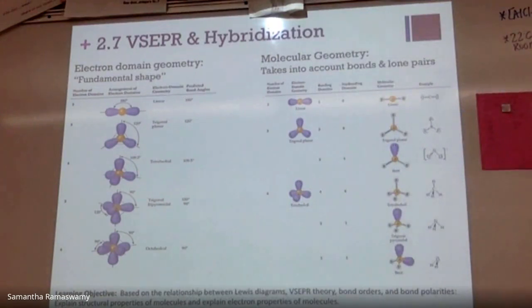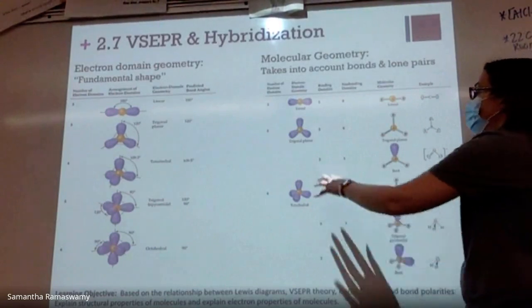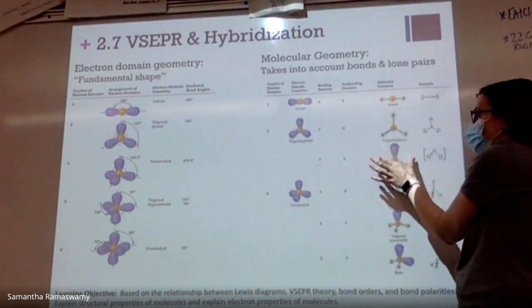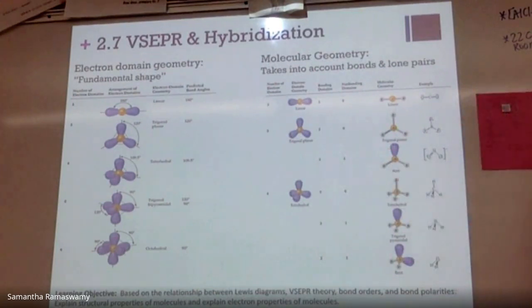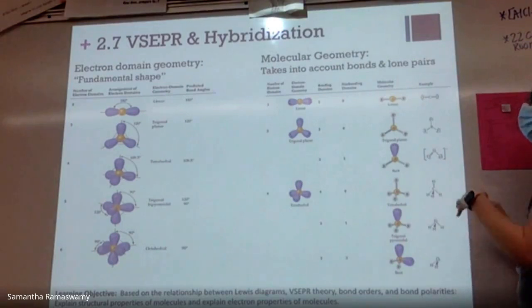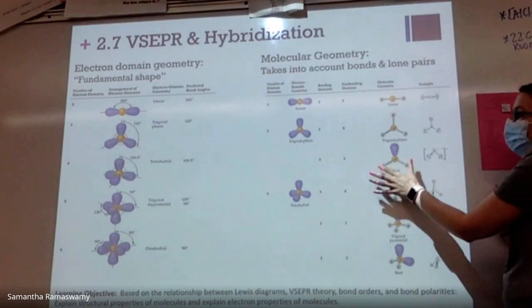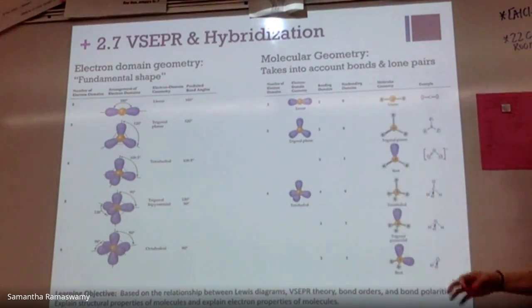Molecular geometry takes into account the bonds and the lone pairs. So you notice you start with trigonal planar, but then your lone pairs will push the bonds down, and that forms a bent shape. In terms of angles, for this, we would just say the bond angle is less than 120.